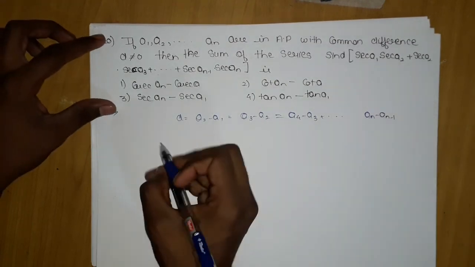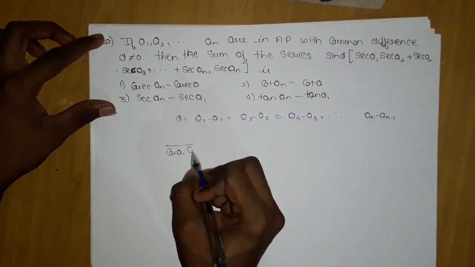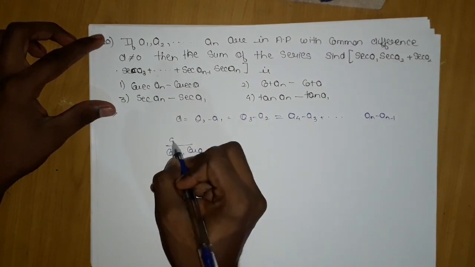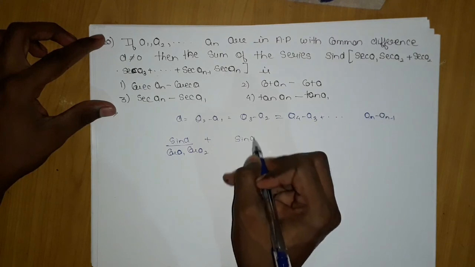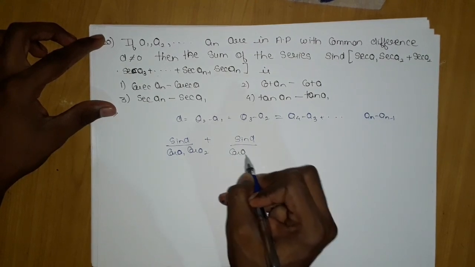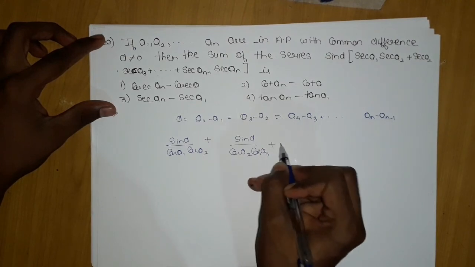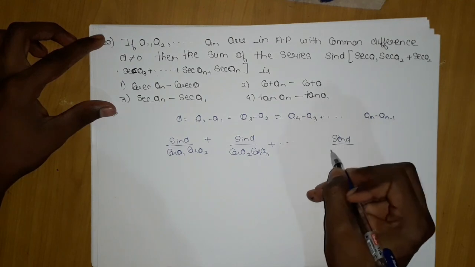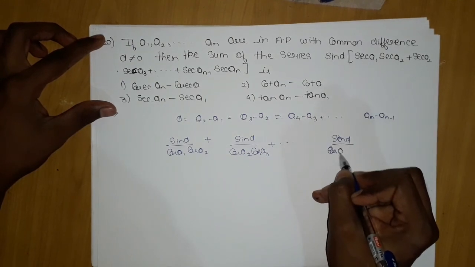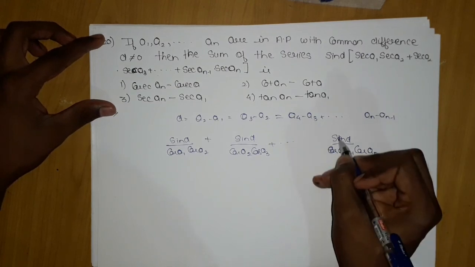Now we will convert this sec into cos: sin d upon cos a1 into cos a2, and similarly, sin d upon cos a2 into cos a3, and it will go on till the last sin d upon cos an minus 1 into cos an. Okay, so we got this.